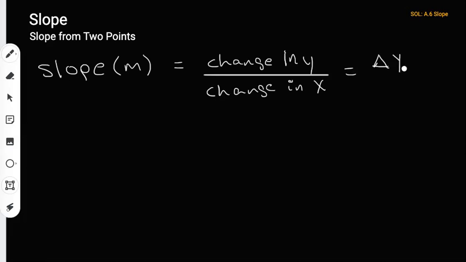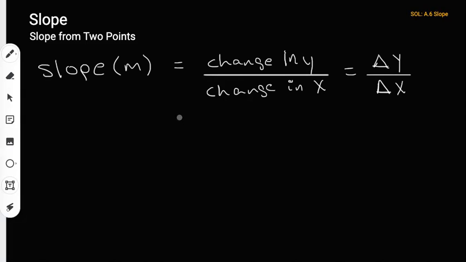The change in y over the change in x, where this triangle is actually the Greek letter delta, and delta is going to mean change in this situation. So we always take the change in y and we divide it by the change in x.